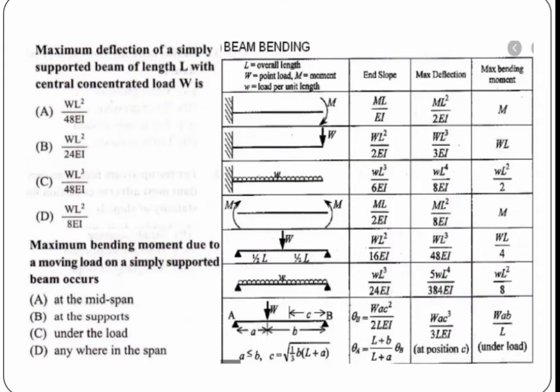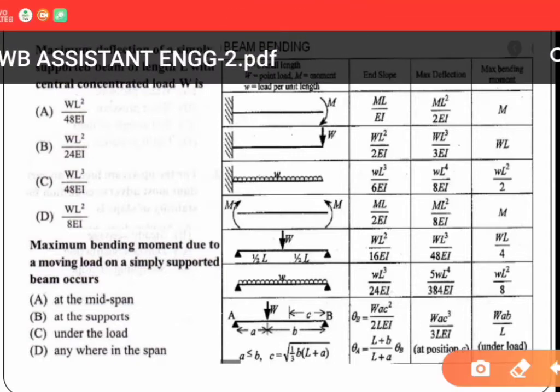Maximum deflection of a simply supported beam of length L with central concentrated load W is: the correct answer for this question will be W L cube by 48 E I, option A. The diagram of this beam will look like that.